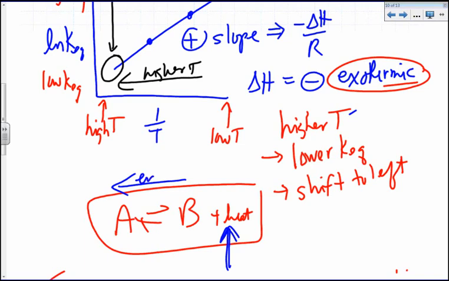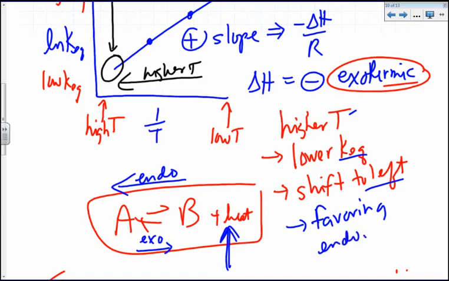In other words, the direction favored by adding heat to an equilibrium mixture is the endothermic direction. In this case, since the forward direction is exothermic, the reverse is endothermic. So we're favoring the reverse reaction, you're lowering the KEQ, which in this particular case is the reverse direction because the reaction as written is exothermic.